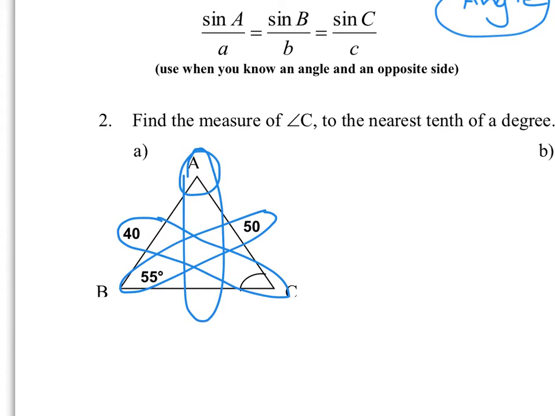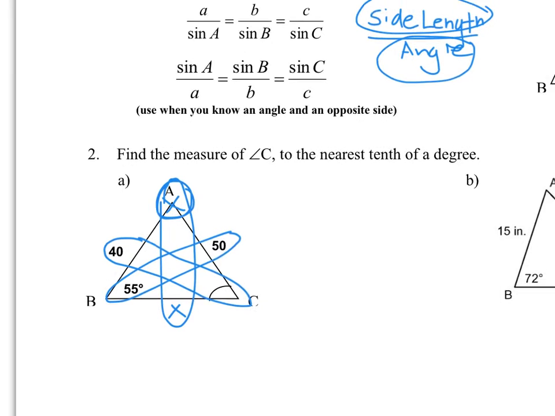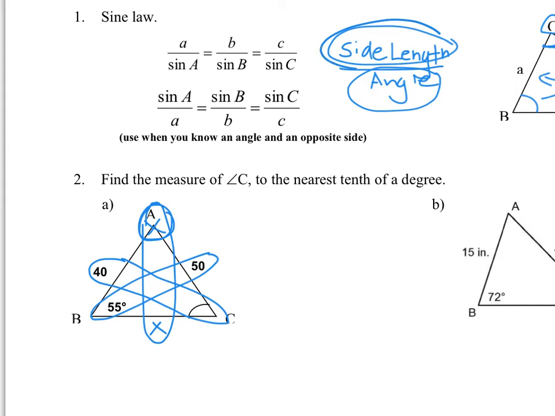For A, I don't know what the angle is, and I don't know what the side length is. It's no good. It's not even asking me for A, so get rid of it. Now if we go back and look at our formula, it's going to be side length over angle equals side length over angle.